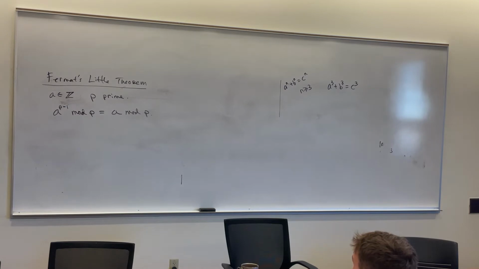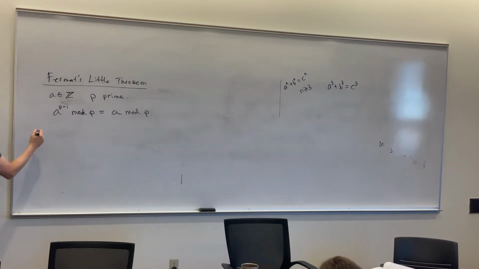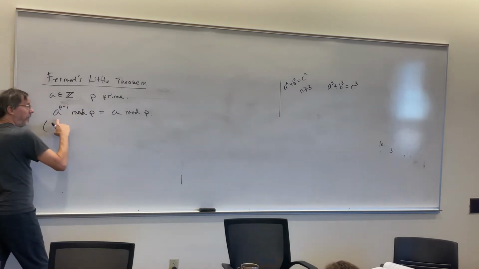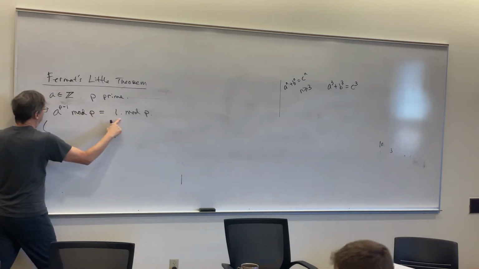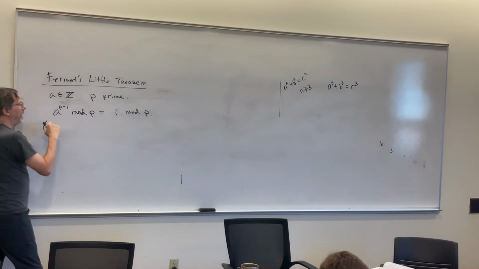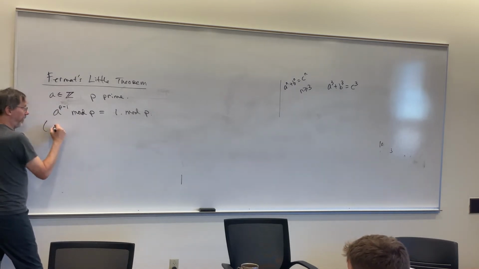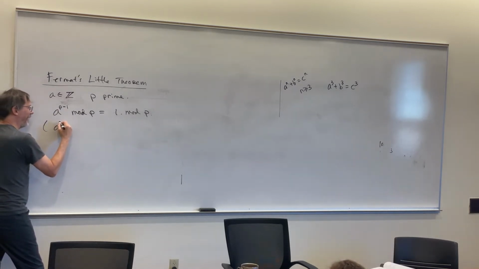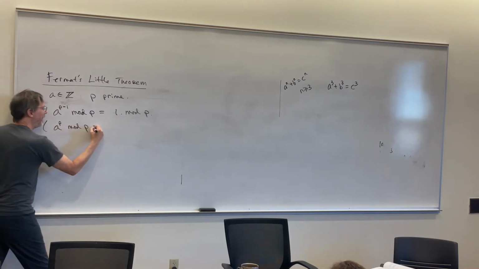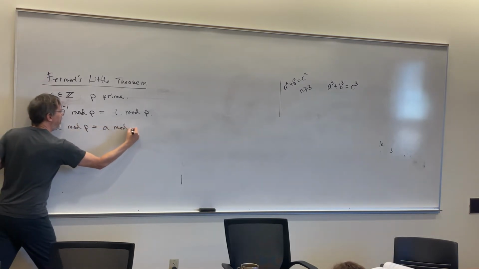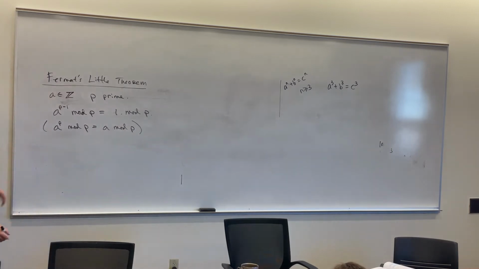We'll do a few examples to see how incredible this result actually is. Excuse me, this should be 1 mod P, yes. In our book, they multiply both sides by A. This is what reminded me that I had it wrong. And they have this, which I find much less useful.